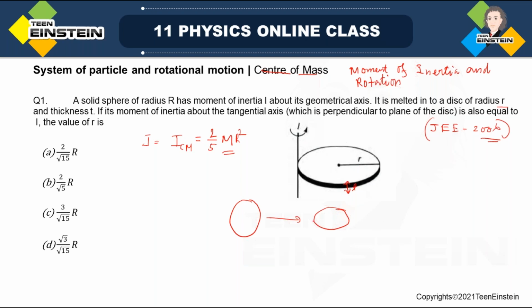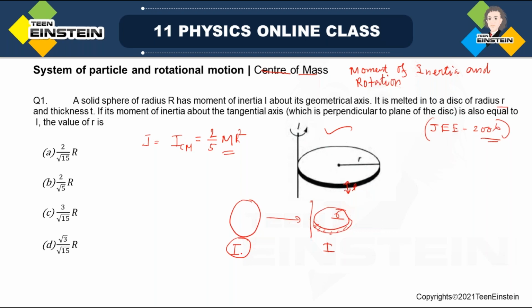The disk has a smaller radius as you see in the figure. It is said that the moment of inertia of the solid sphere is I, and when the solid sphere is melted into a disk of smaller radius, its moment of inertia about an axis which is tangent and perpendicular to the plane of the disk, as you see here, will be the same as this.